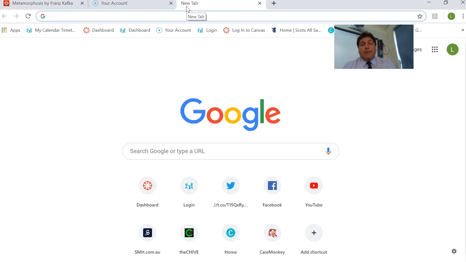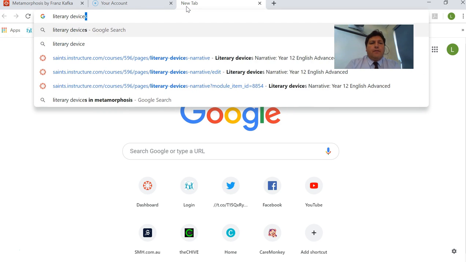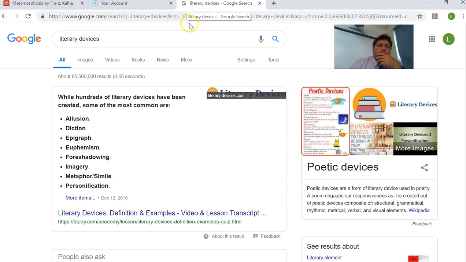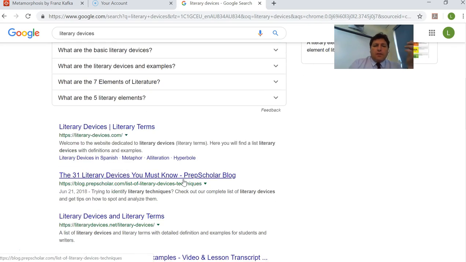Now, the first thing I recommend you do, and I've put a copy of this onto Canvas LMS for you to have a look at, is type literary devices into a Google search. You've got literary devices terms.